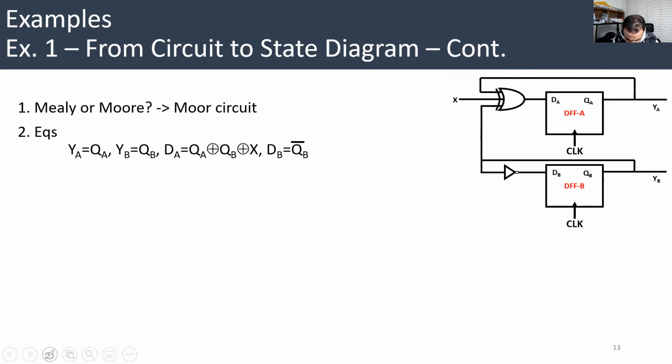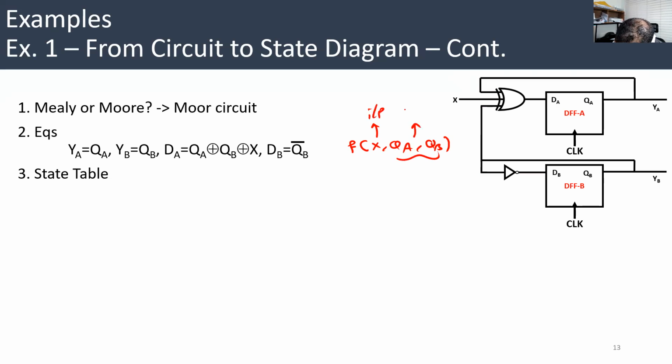Okay, how about the state table? So let's build it. Look, all 4 equations are a function of X, QA, QB, in general. This is basically the input and the present state, or the current state, whatever you call it. It's just naming, but the meaning is the same.